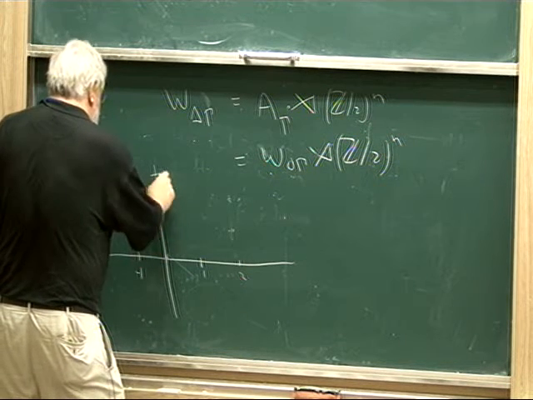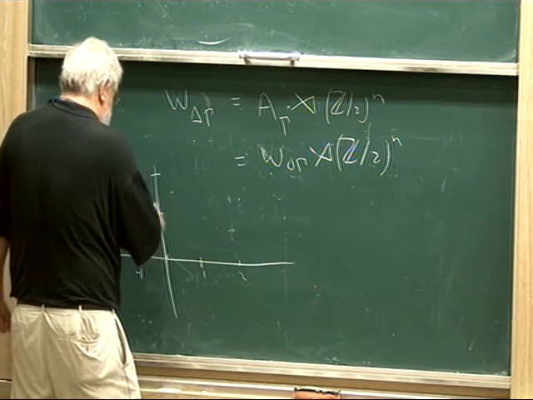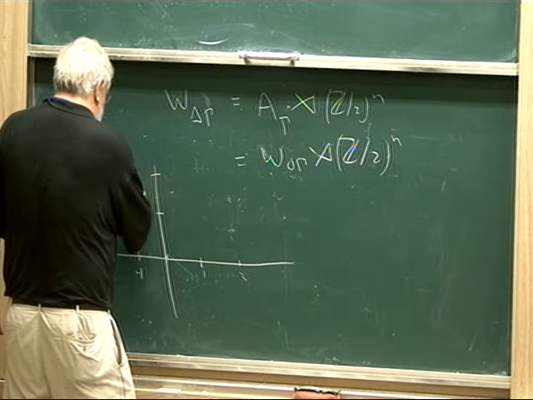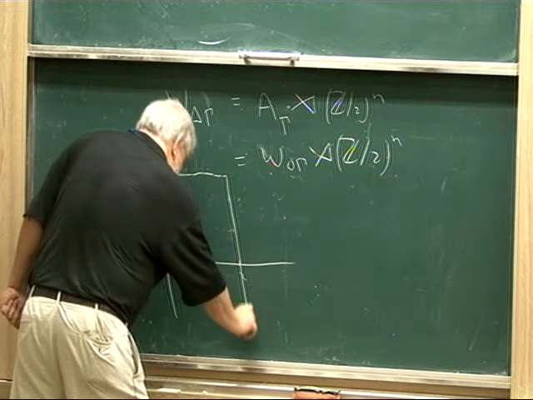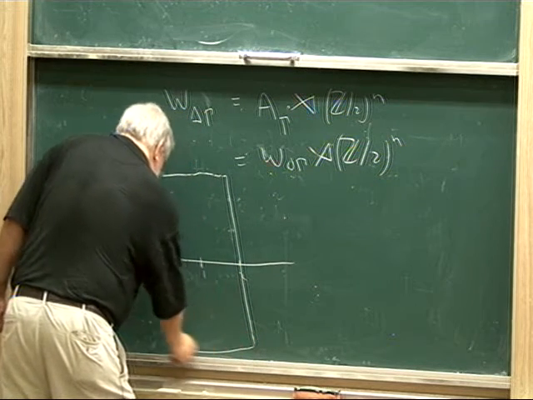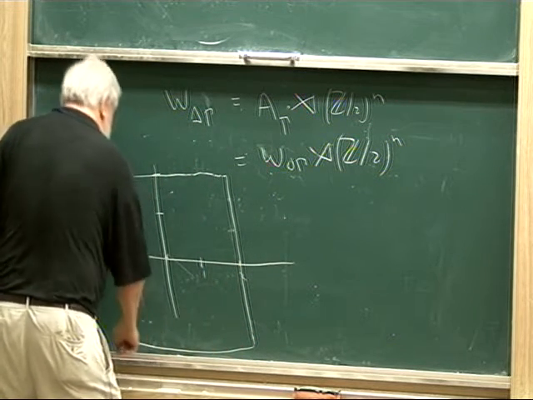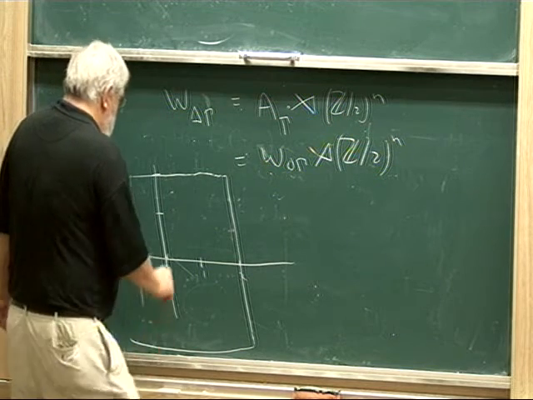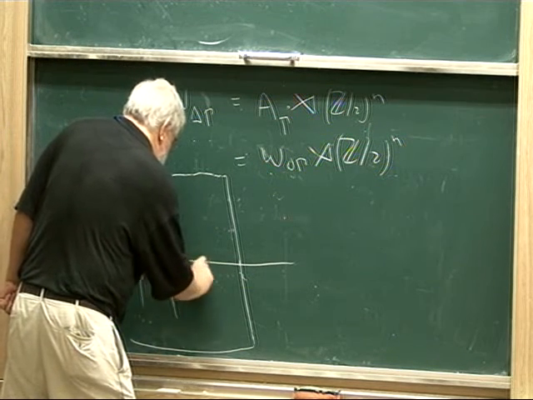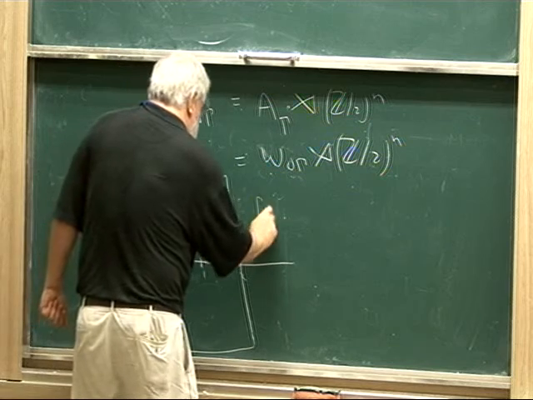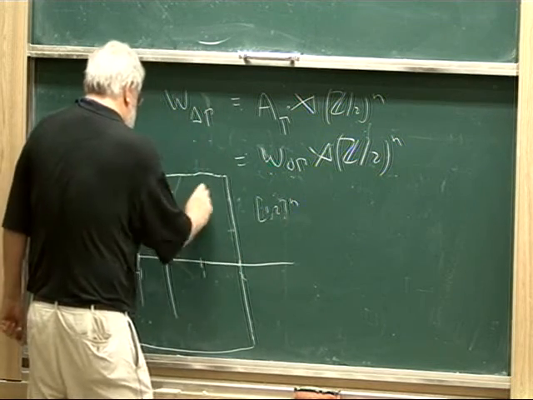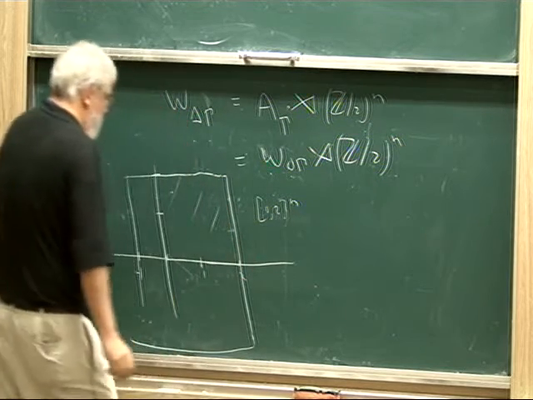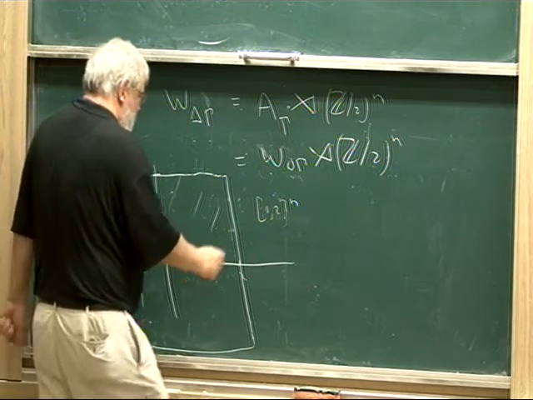Everything originally sits inside [0,2]^n, and this was the fundamental domain for the torus.